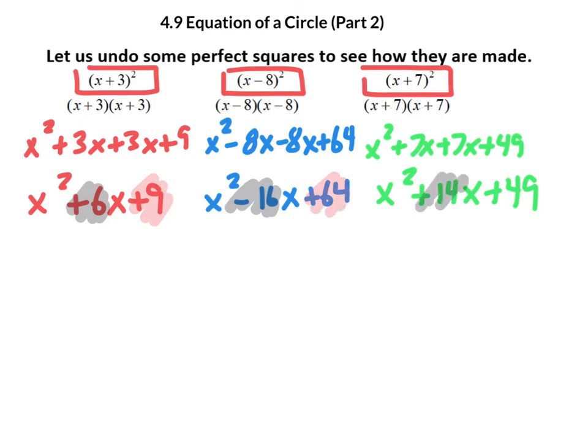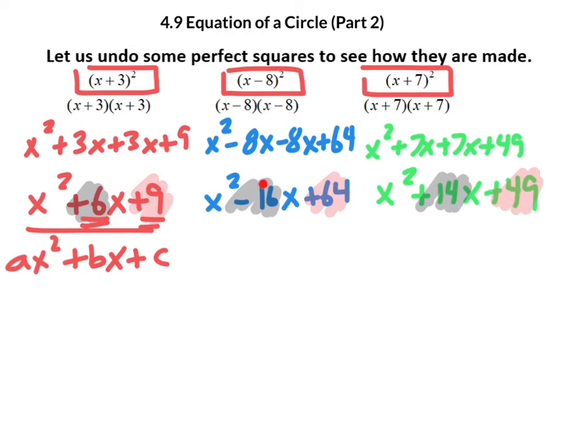And my question to you is, if we had this information, is there a way to connect them? We'll call that b, because in a quadratic like this, the middle term, the linear term, is often b, and this is often c. Let's take a moment to look. How can we relate 6 and 9, negative 16 and 64, and 14 and 49?